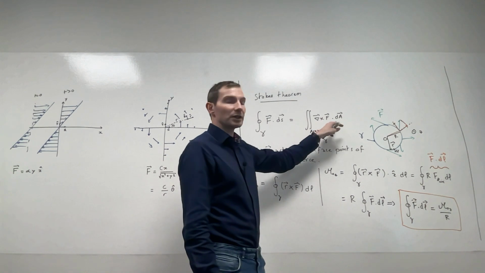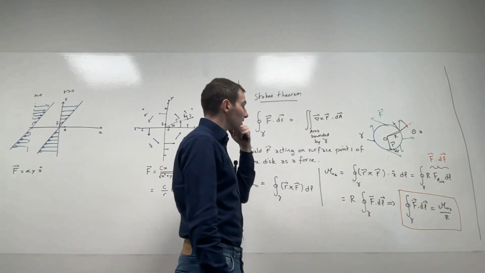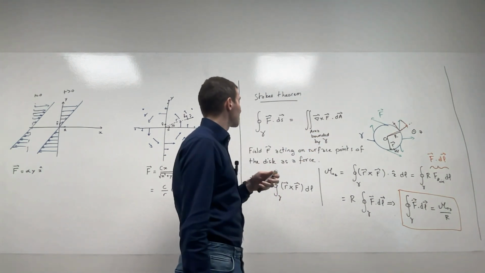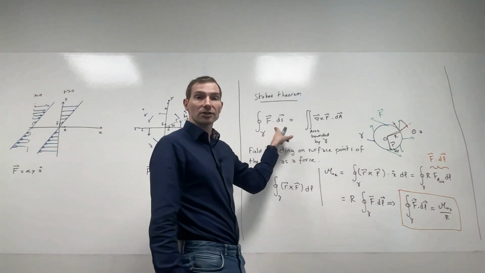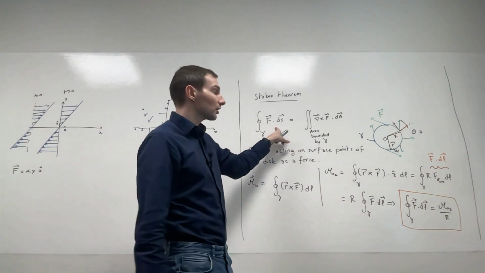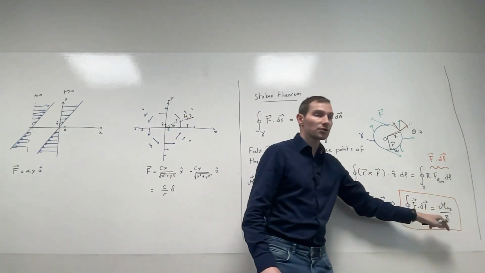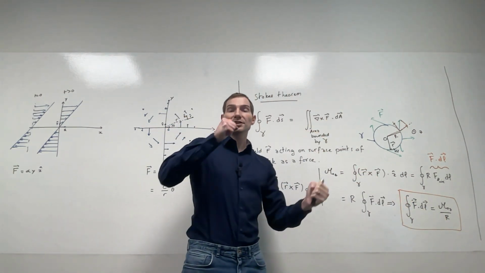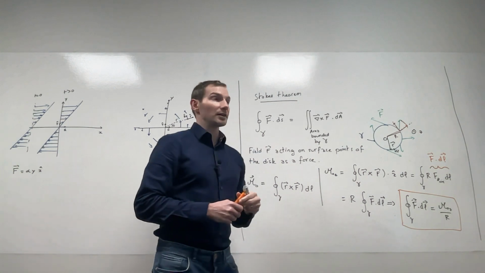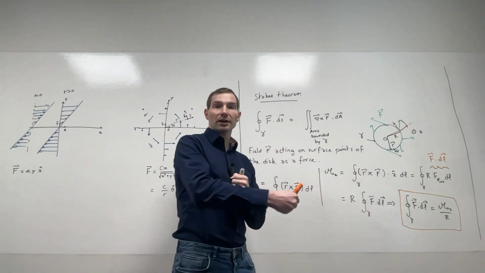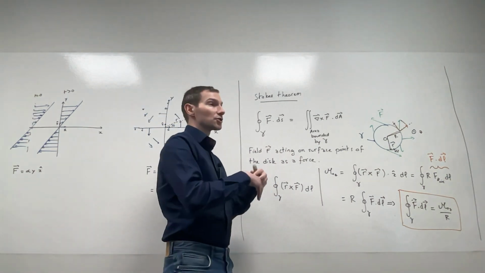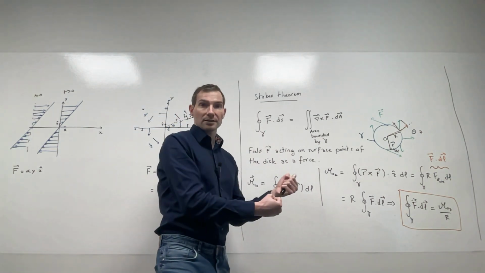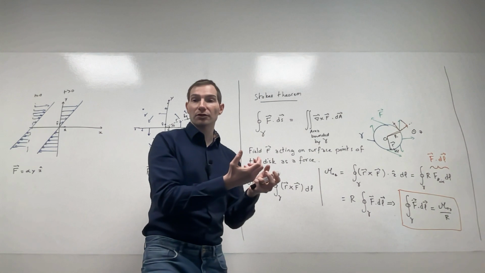So they need to be kind of collinear or something like this. Then the circulation is non-zero, and if the circulation is non-zero, it tells you that there is an actual positive total moment and therefore a torque applied to the circle, so you would expect the circle to rotate.